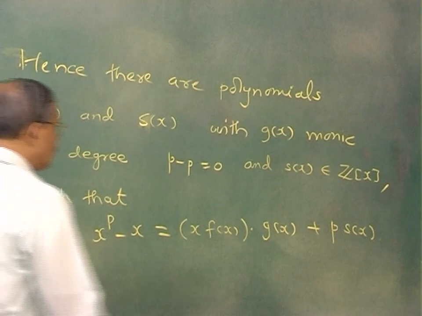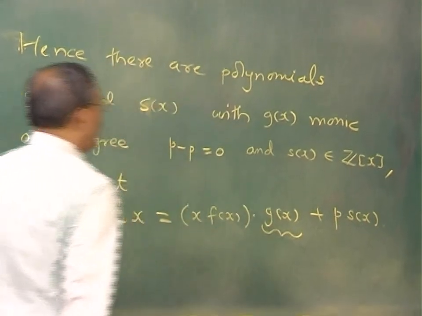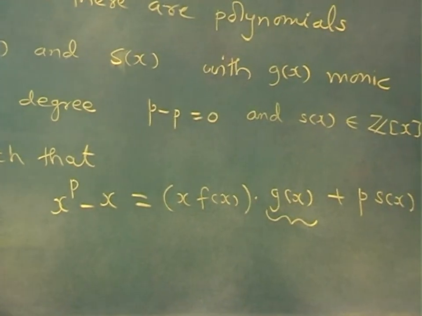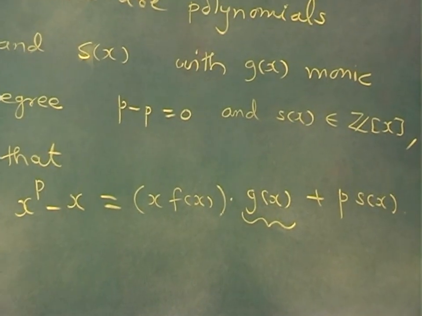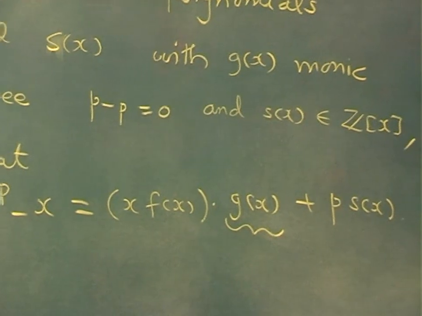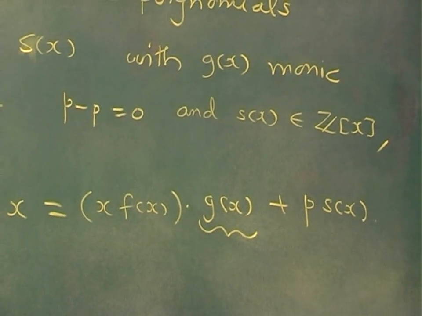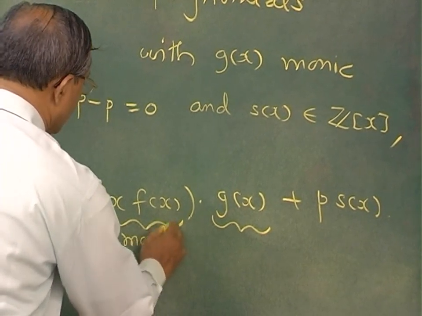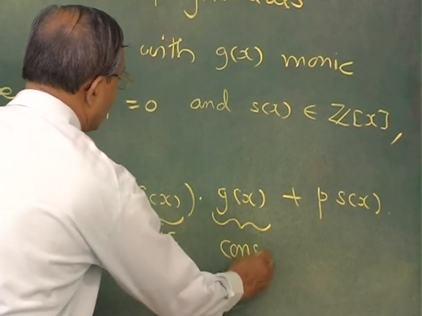But g(x) is of degree 0. Degree 0 means constant. And if you compare the coefficients, then x f(x) is monic. This is a constant.